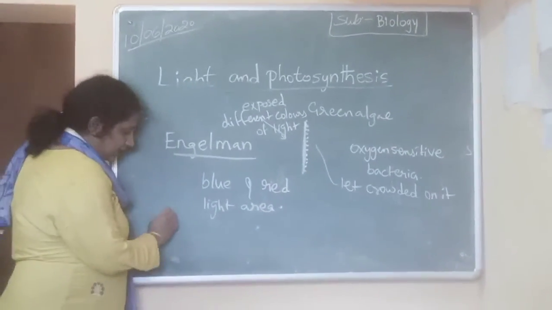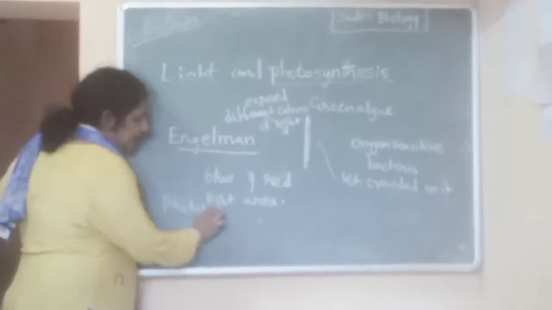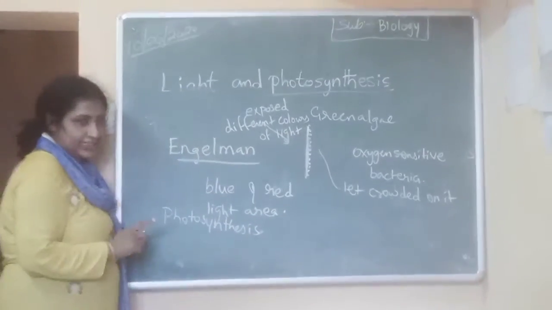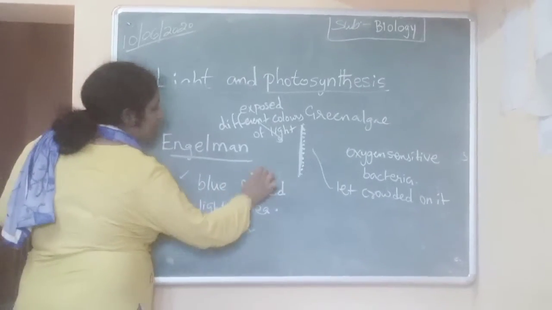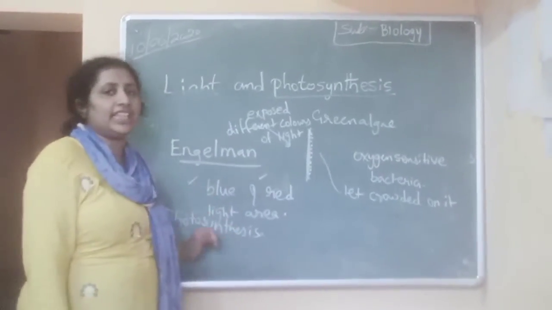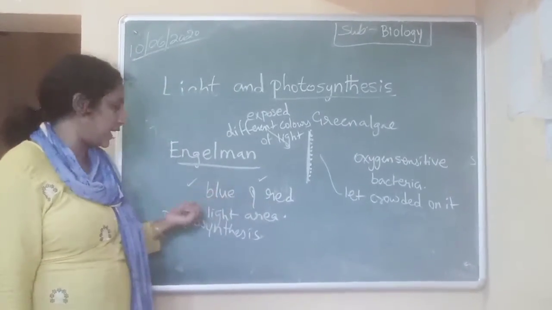By this he concluded that photosynthesis definitely occurs in the presence of light, and occurs more when blue and red light is present.